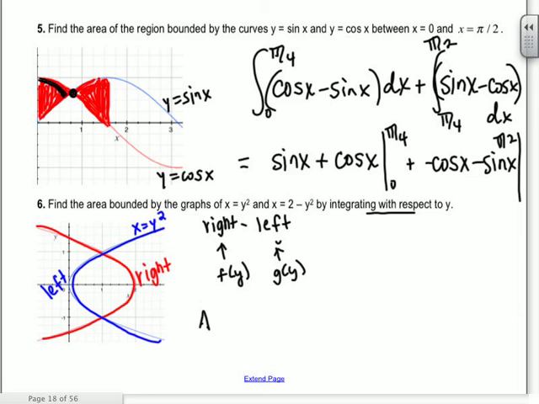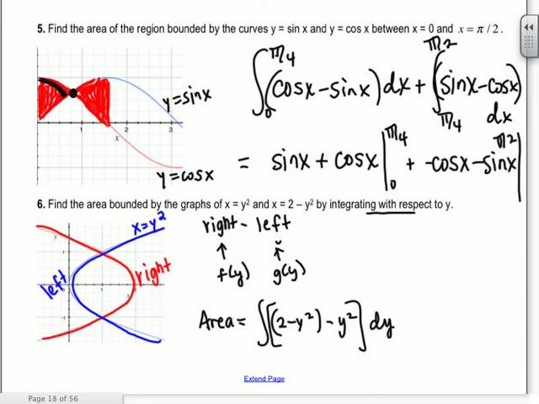So your area is going to be right curve, so 2 minus y squared, minus left curve, y squared, dy. Now think about the things that we did with the x terms.